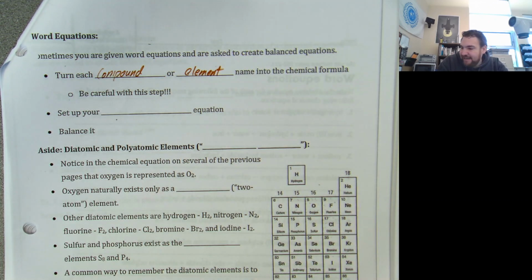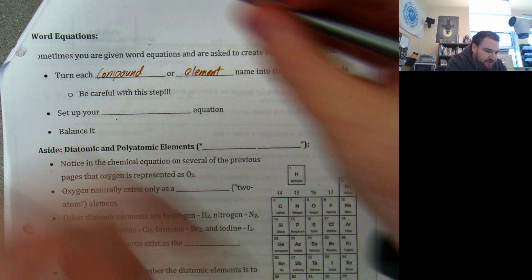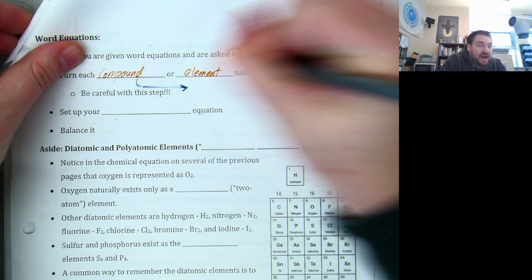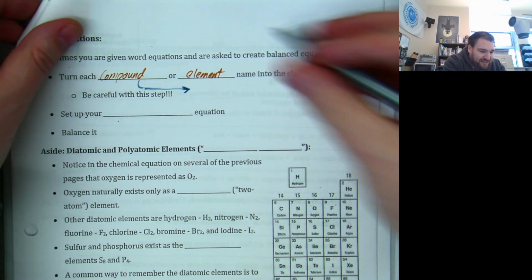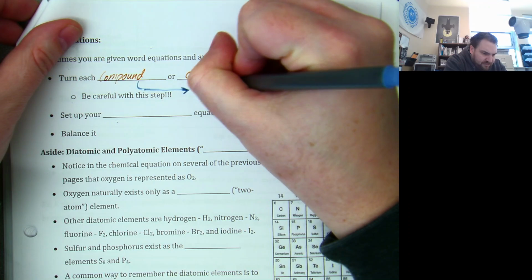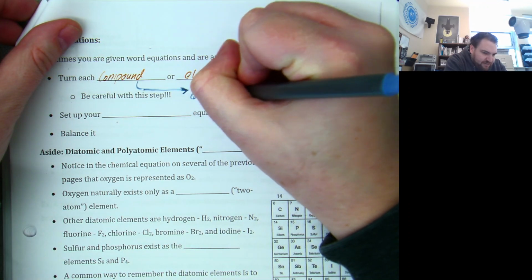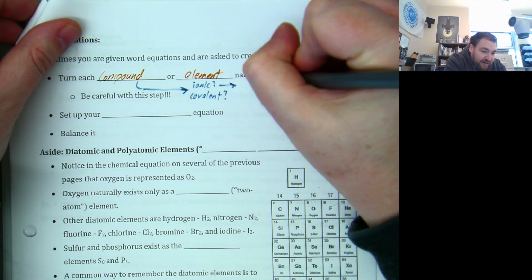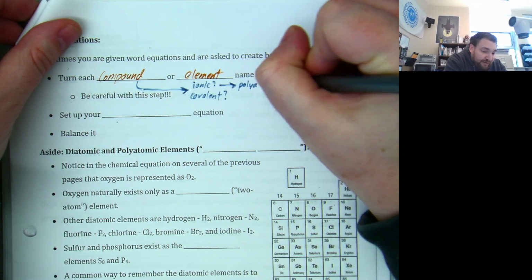This is where things get interesting, because just based on what we call the compound, you need to decide what the thing is. Is it ionic? Is it covalent? If it's ionic, what do we have to do with it? Well, maybe there's a polyatomic in there.